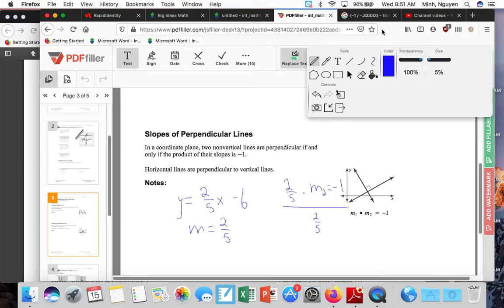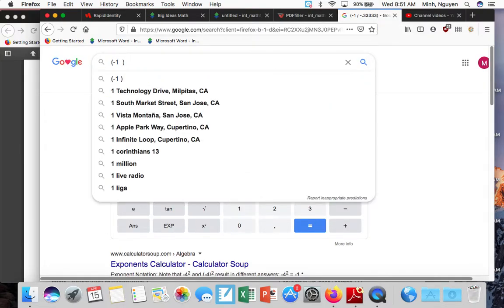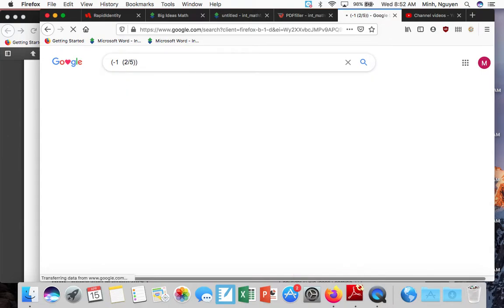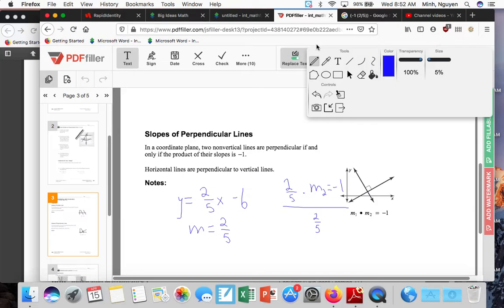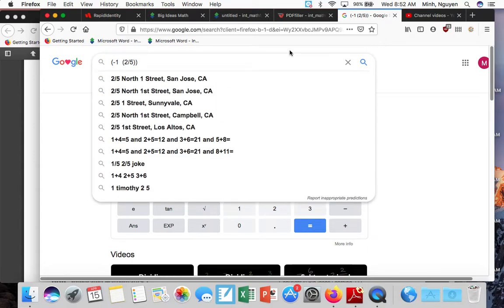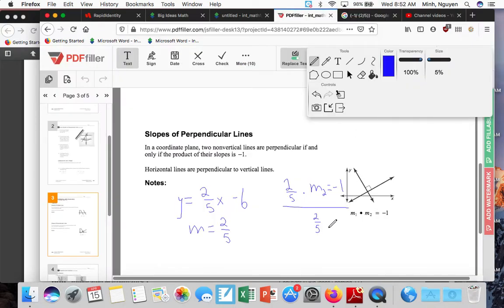Using Google, I can say -1 divided by 2/5, and I will get -0.4, which is not right. Let's see. Oh, I didn't even have the negative sign. -1 divided by 2/5 is -2.5. So the second slope is -2.5.